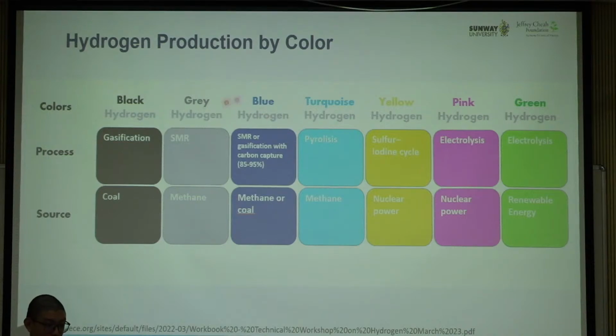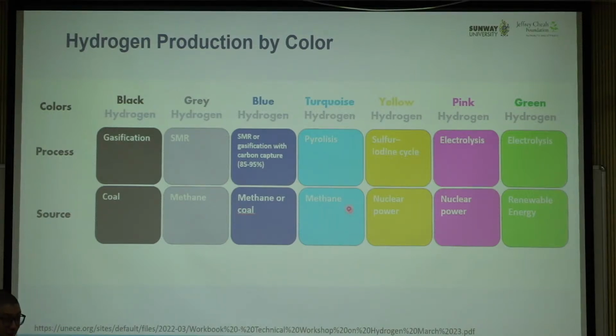So we have blue hydrogen, where the steam reforming process is installed with carbon capture, able to capture around 80 to 90% of the CO2, making it a little bit cleaner. That's why we name it blue. You see the color becomes lighter and lighter, until green.